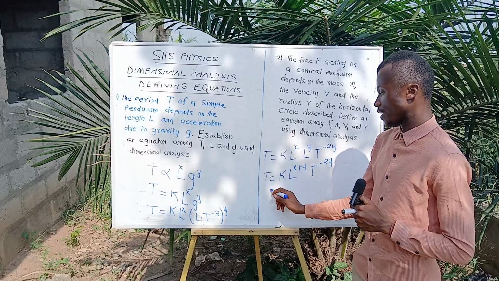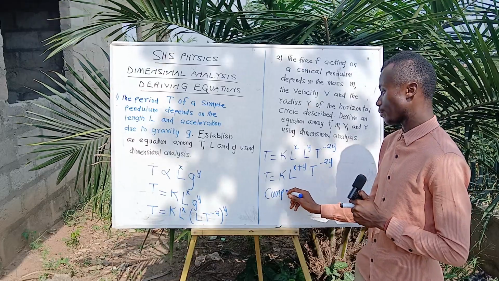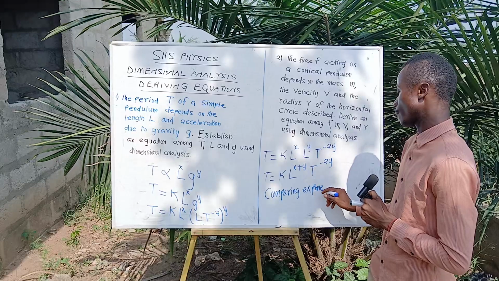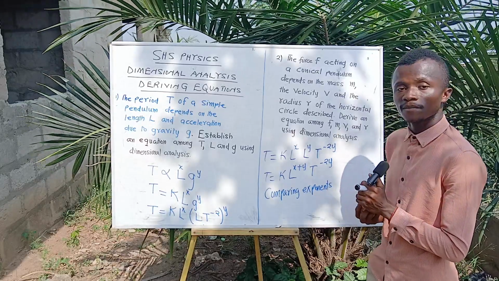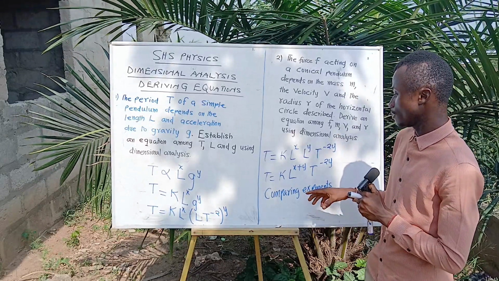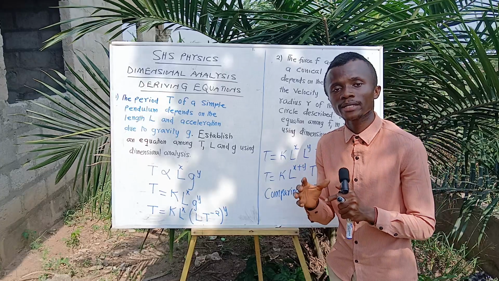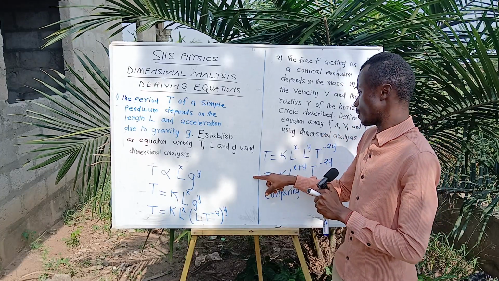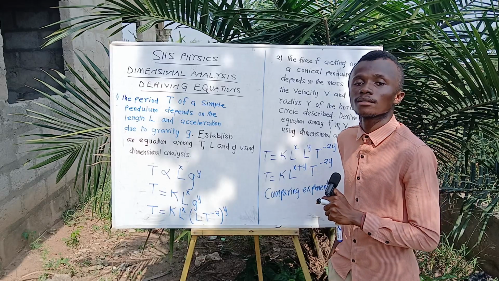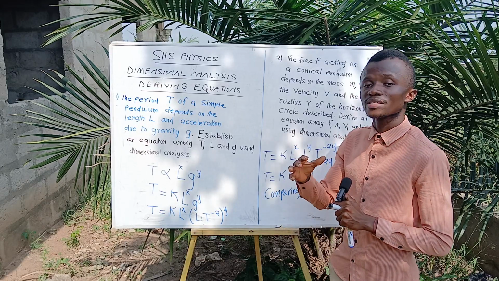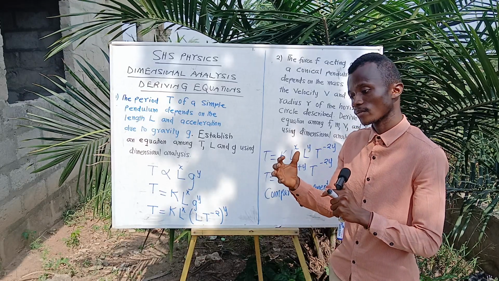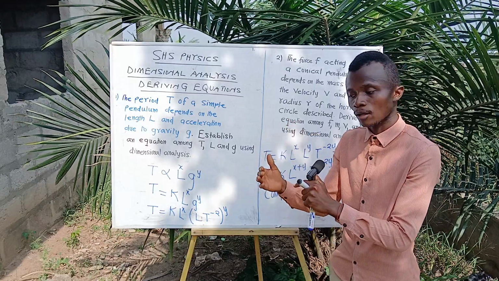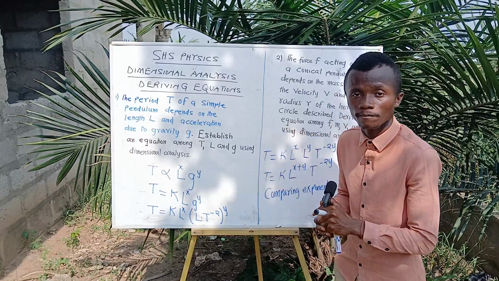So where we have reached, we are going to compare exponents. In comparing exponents, we first have to compare the exponents of the quantities that are on the left and on the right. We have to be smart to compare exponents. The first that we compare should be an exponent that will give us a straightforward answer.